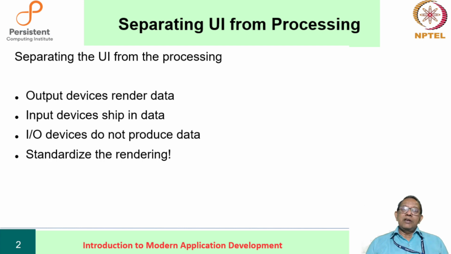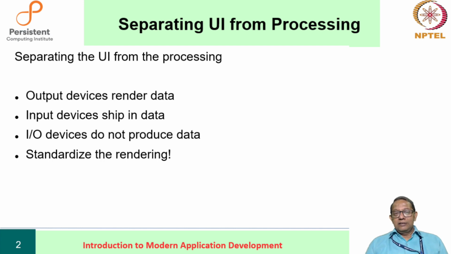This is very similar to the scenario of having a variety of output devices. And just like on the command line application we created a standard output device, we need to do something similar for graphics, and that is what standardizing the rendering means.